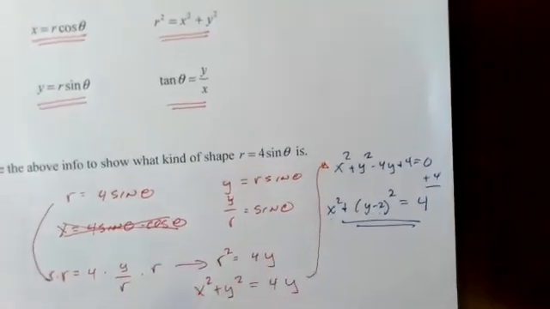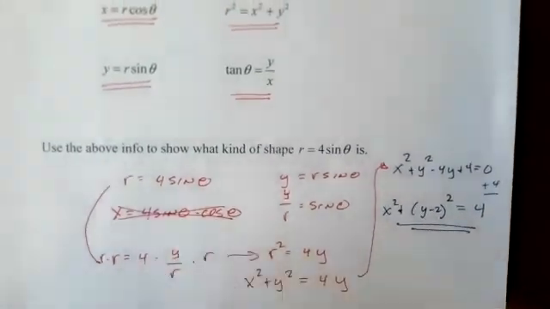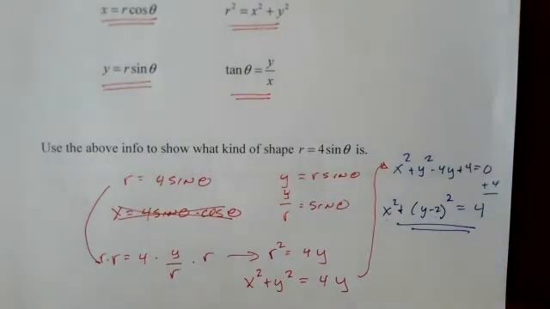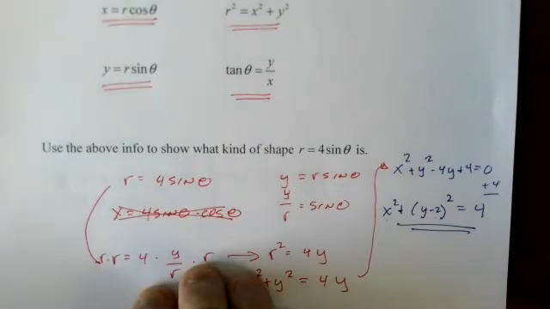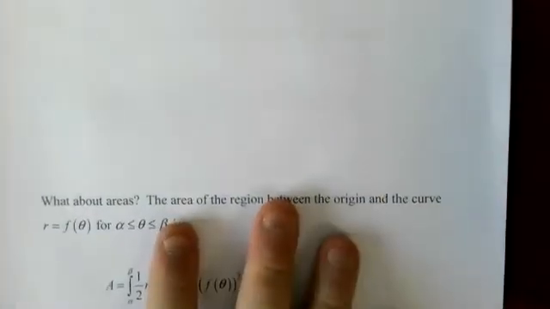Neat. If you're panicking like, oh, I could never do that, don't worry about it. It's not going to happen. Certainly not on an AP test, but I'd like to show you what you can really do when you get to polar functions. It's heavy duty math.